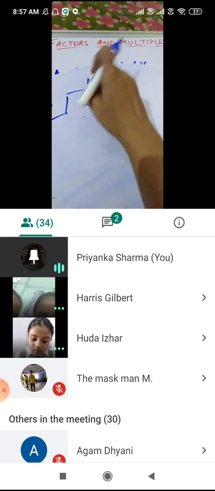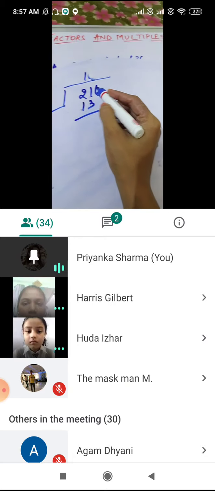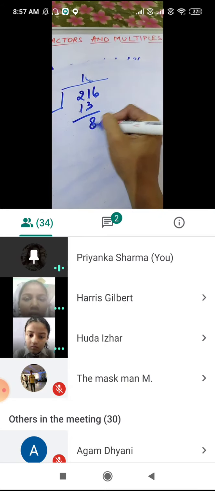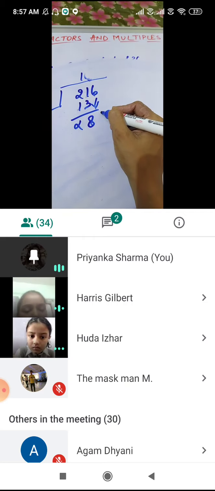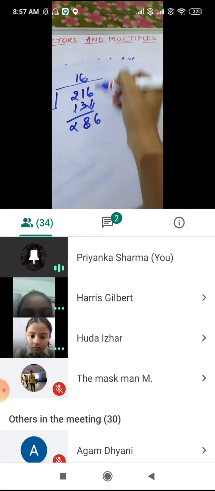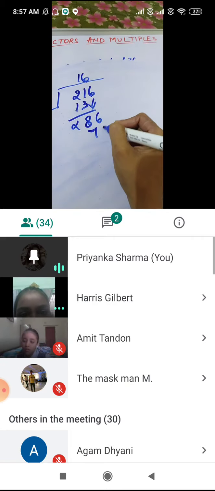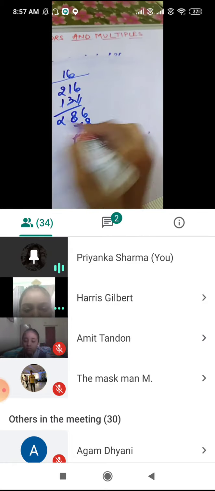Let's do it one by one. So 13 ones are 13. How much will be left here? 11 minus 3, 8, and 1 minus 1, nothing. Then we copy another number, that is 6. It becomes 86. And then 13 sixes are 78. Remainder is 8. The remainder is coming here.